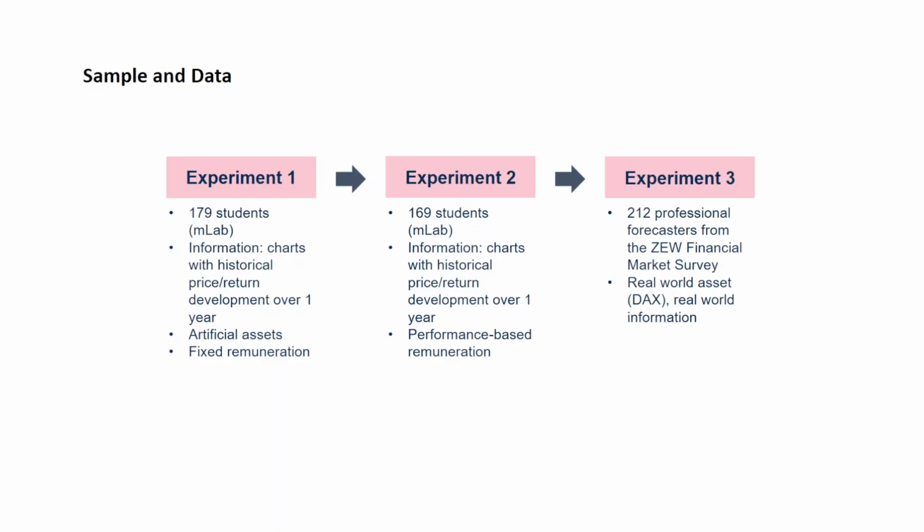In order to answer the questions, they designed 3 experiments. In the first experiment, they asked students to forecast the return or the price of artificial assets based on information they fed them, which is either the charts of historical price development or the charts of the historical return development over 1 year for the given assets.